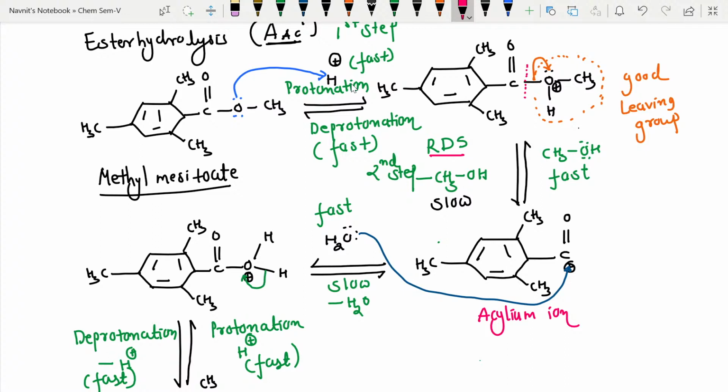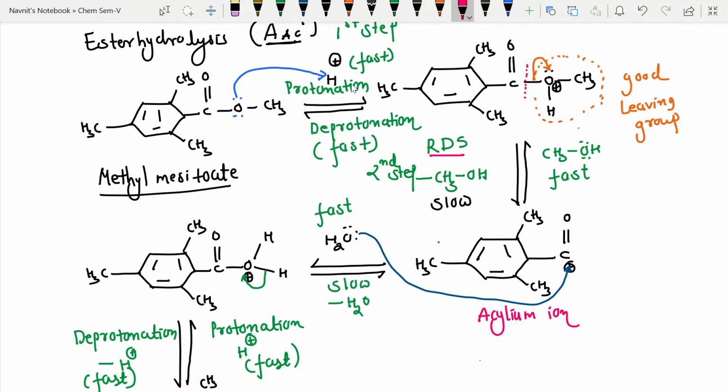Okay, so order and molecularity are different concepts. Order can be determined by experiment, and the molecularity of the reaction can be determined from the rate determining step. If in the rate determining step only one species is involved, it is unimolecular.